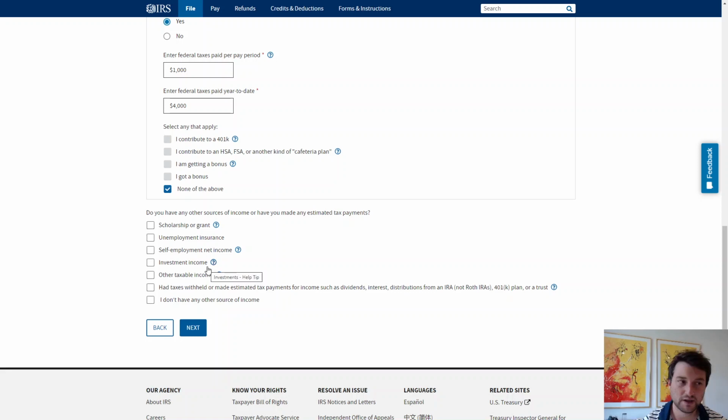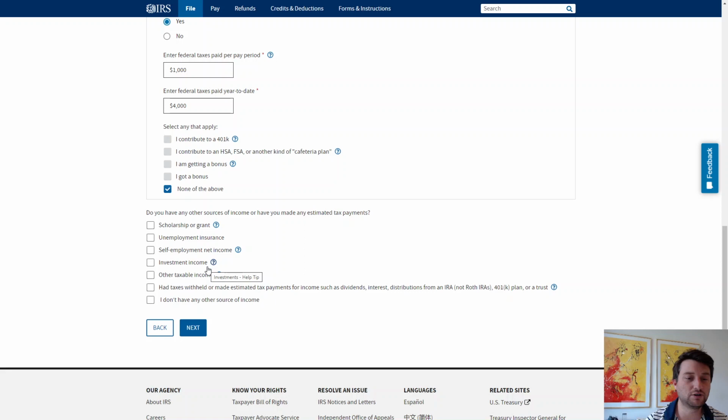So if he makes $10,000 in dividends and interest, well, the broker isn't going to withhold tax on that, right? Generally speaking, they don't. They just deposit it into your account and they report it to the IRS. So what our taxpayer could do here is report the investment income, and then they would estimate the amount of tax owed, and that additional withholding tax would come out of his paychecks.